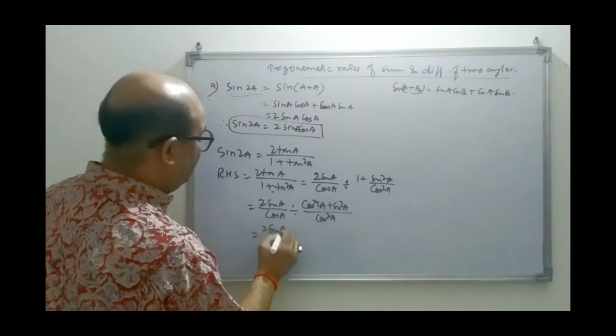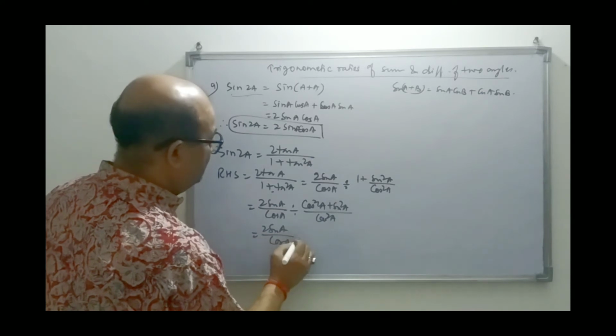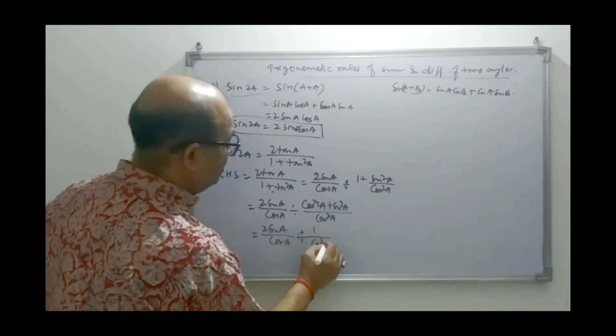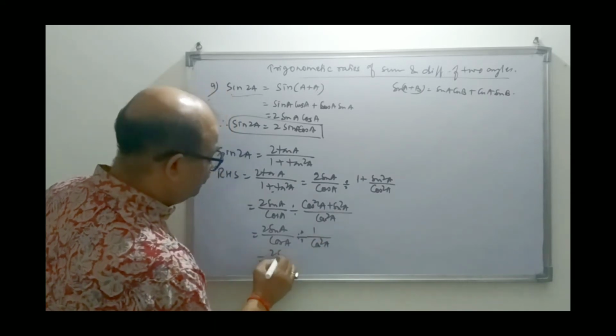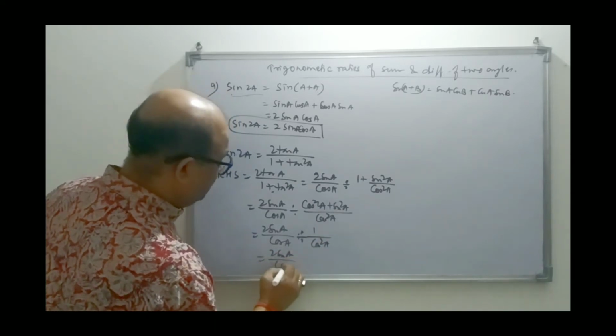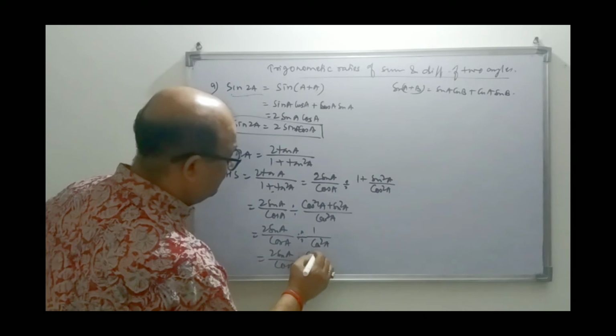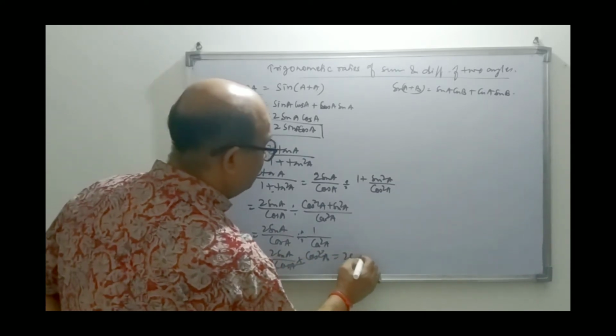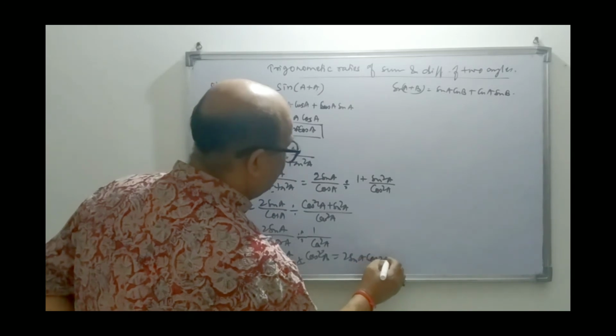So 2 sin A upon cos A, divided by 1 by cos square A. That can be written as 2 sin A upon cos A into cos square A. This cos square cancels, that is 2 sin A cos A.